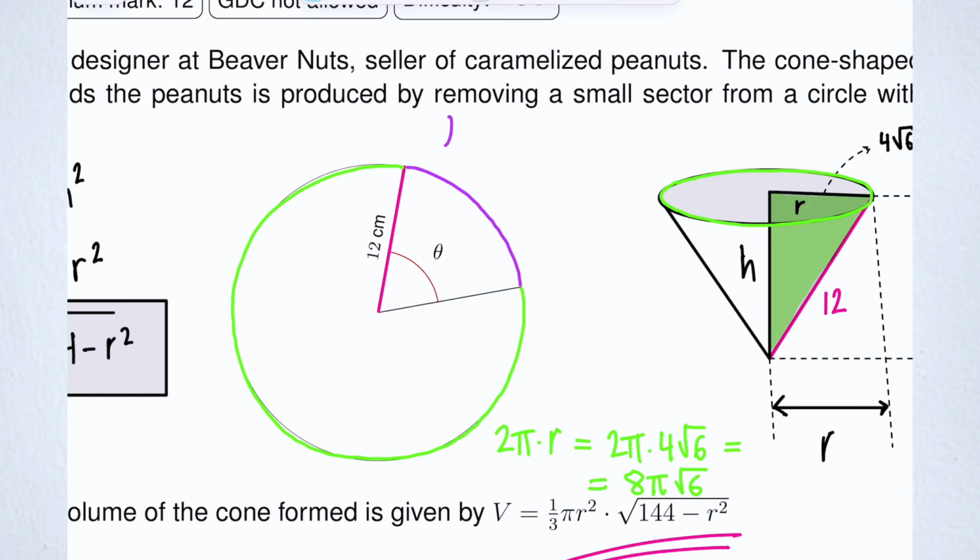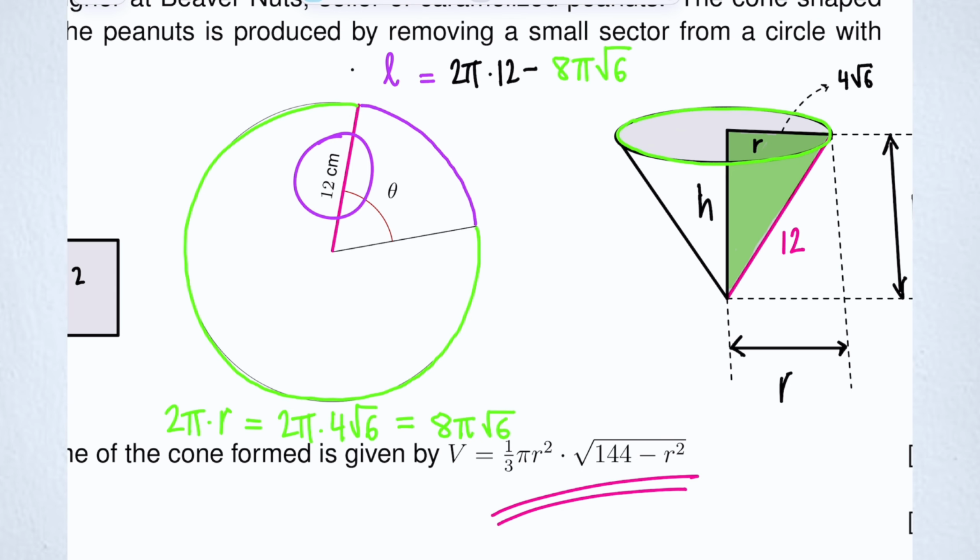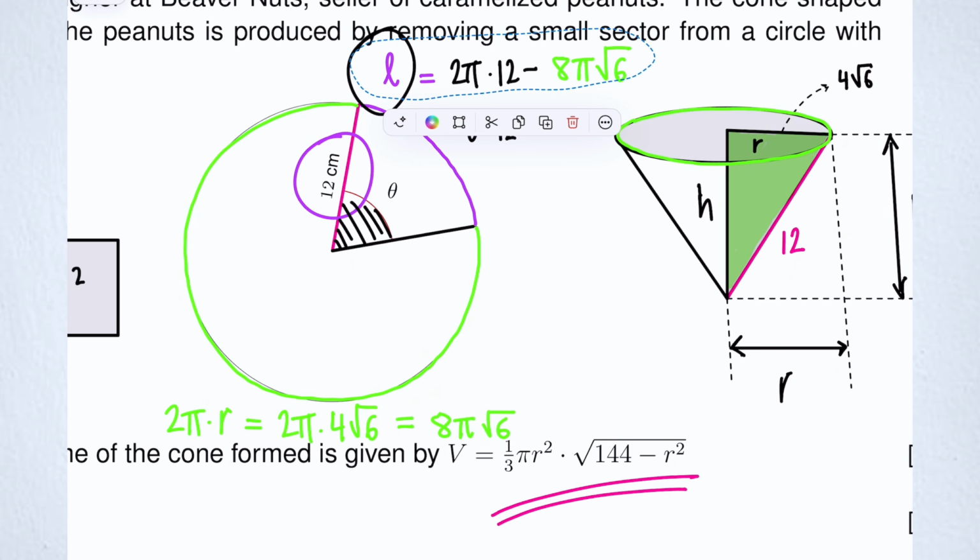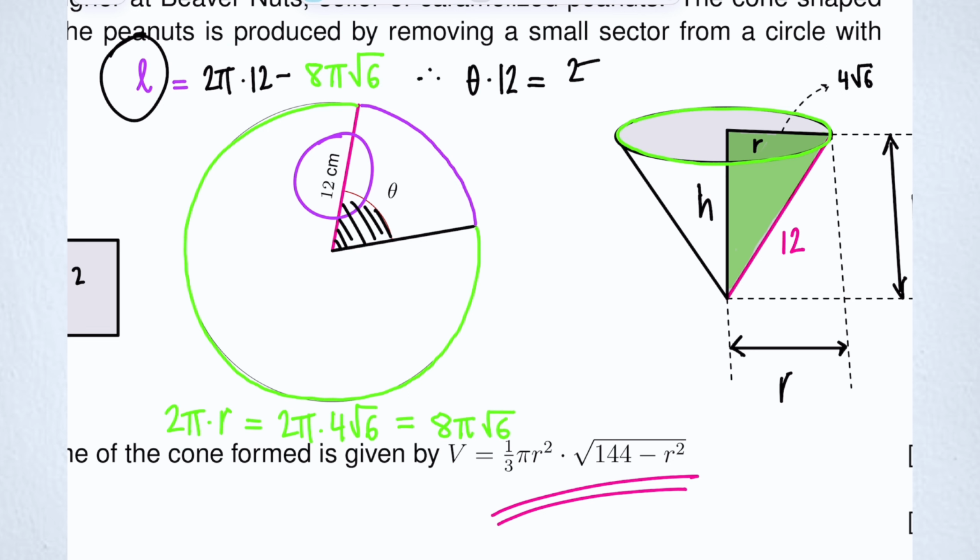Therefore, this arc length right here is 2 pi times this radius, which is the whole thing, minus the green portion. And we know that arc length is theta, which is this angle right here, times the radius, which in this case is 12. So theta times 12 equals 2 pi times 12 minus 8 pi root of 6.